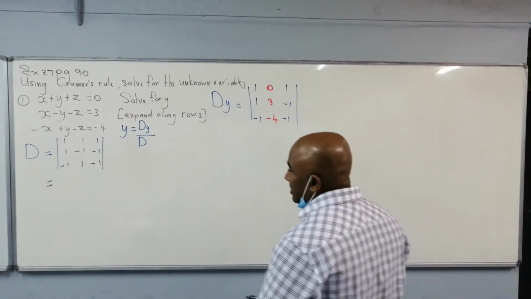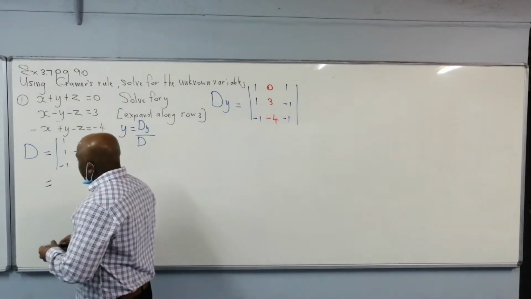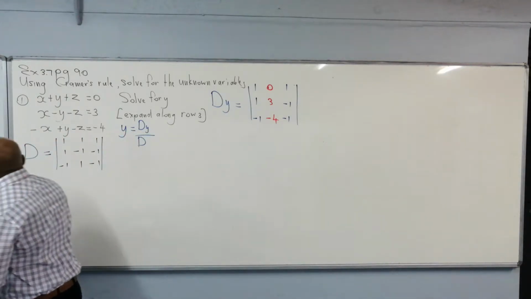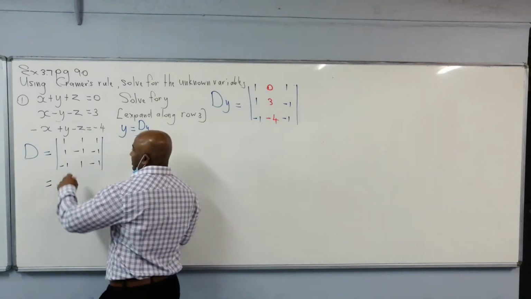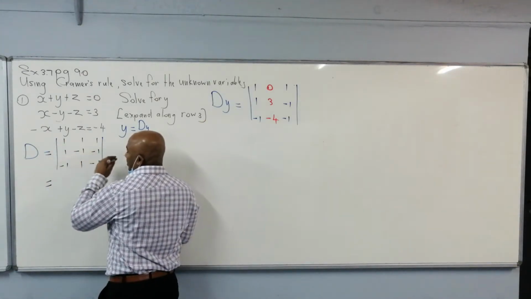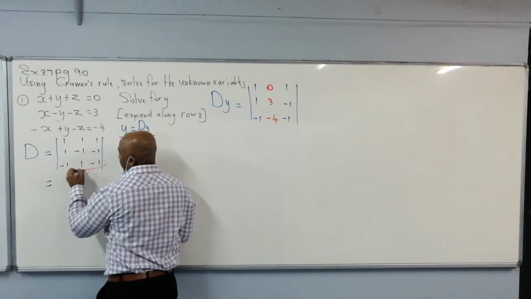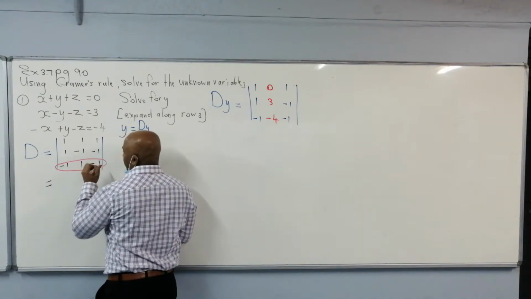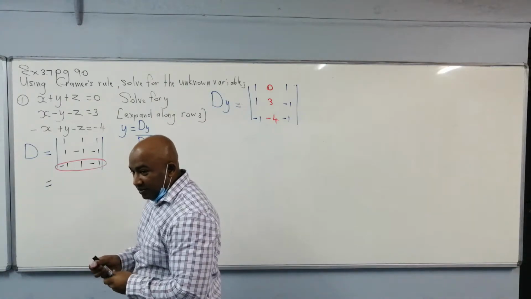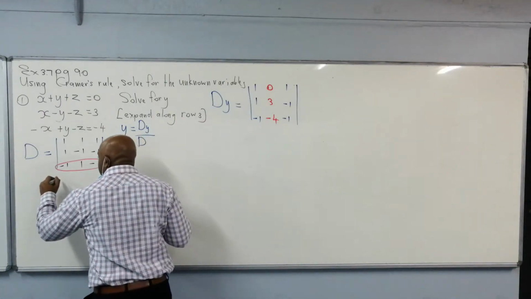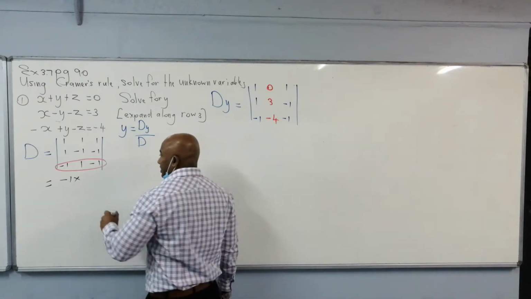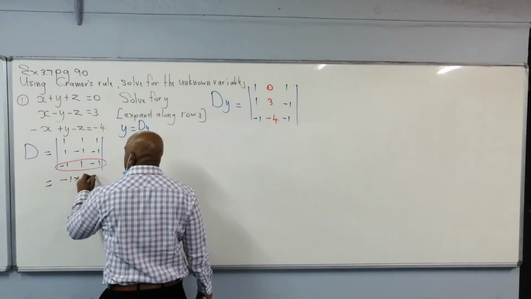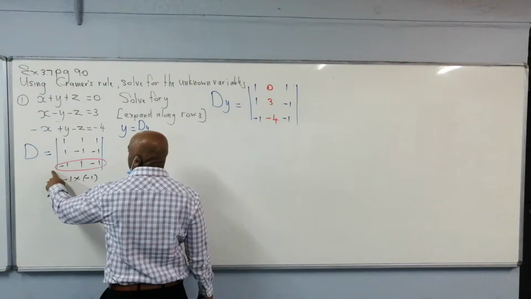Okay, so now the question states, expand along row 3. Here's row 1, row 2, row 3. So here's my row 3. Now we're going to go minus 1 times the cofactor of minus 1, which is minus 1 to the power, which row and which column is this?